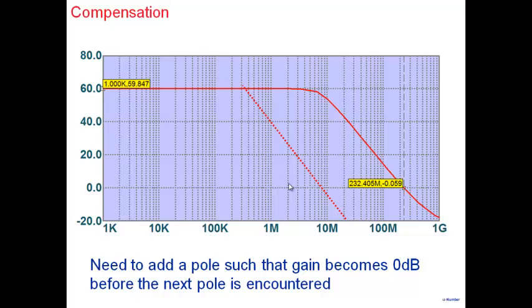So you are seeing that there's a trade-off between stability, measured in terms of phase margin, and the frequency response in terms of unity gain frequency, right? So that's a trade-off that one has to carry out. But anyway, as I said, we need a phase margin of at least 45 degrees. Most op-amps require that much.